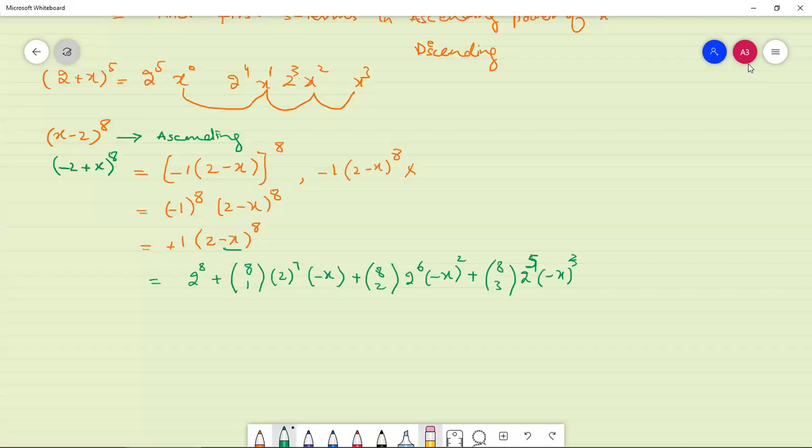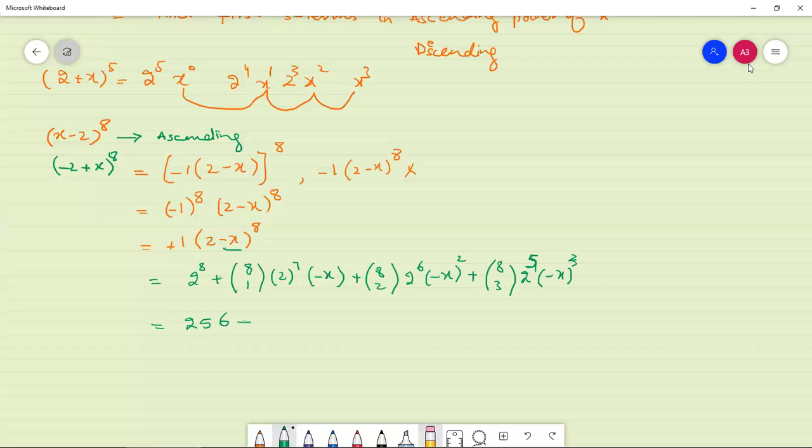Now you can calculate through the calculator. 2 power 8 is, I think, 256. 256 plus, no, this is not plus, because there is a negative sign with x. So this negative sign comes first. 8c1, calculate from the calculator.